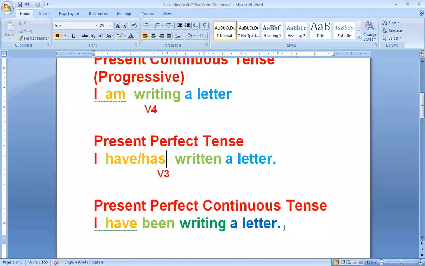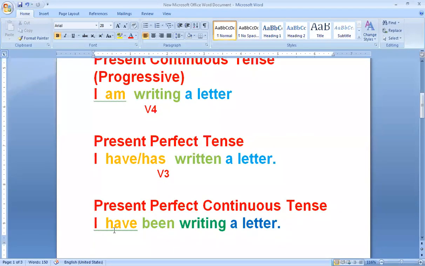When an action has started in the past but still it is going on in the present, for such actions, we use present perfect continuous tense. The structure is: I have been writing a letter. First, subject, then have or has.